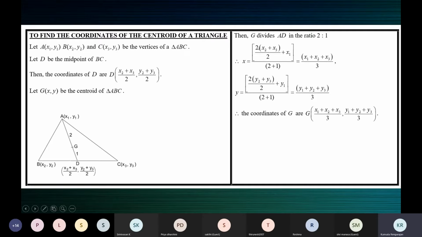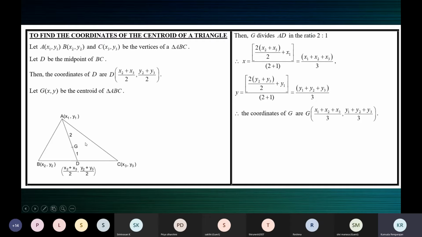This is m, children: m x2 plus n x1. N is 1, so 1 into x1, by m plus n, 2 plus 1. Now what happens? 2 and 2 get cancelled. So you have x1 plus x2 plus x3 by 3. That's what you see here.